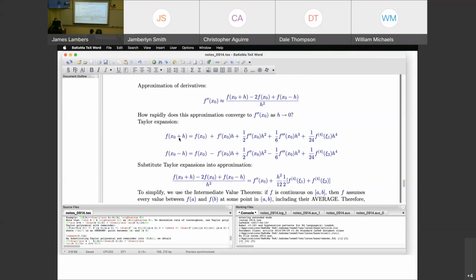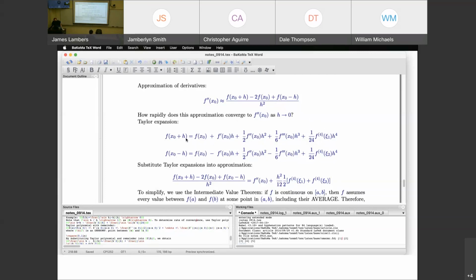So you already have Taylor expansions of f of x naught plus h and f of x naught minus h, out here, and we see they're quite similar, there are certain sign differences. And here's the remainder term I've used, and in the remainder term, the derivative is evaluated at an unknown point. So in this case, the unknown point c1 is between x0 and x0 plus h, and then this unknown point, c2, is different. It's between x0 and x0 minus h.